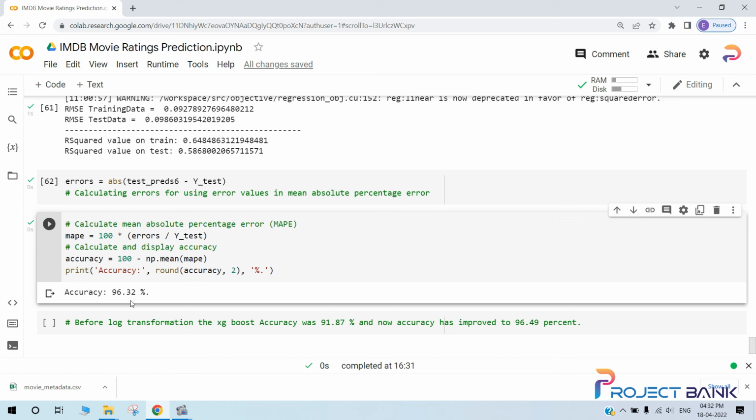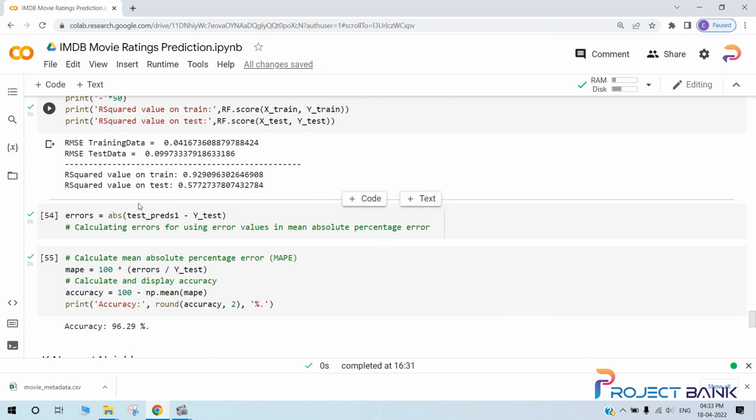When we compare these models with their R square values, the R square value in XGBoost regressor is 64 on train and 58 on the test data. Back to the random forest regression, we can see that the R square value on the test data is 57. So we can clearly see that XGBoost regressor has performed very well even when compared to the random forest regressor.